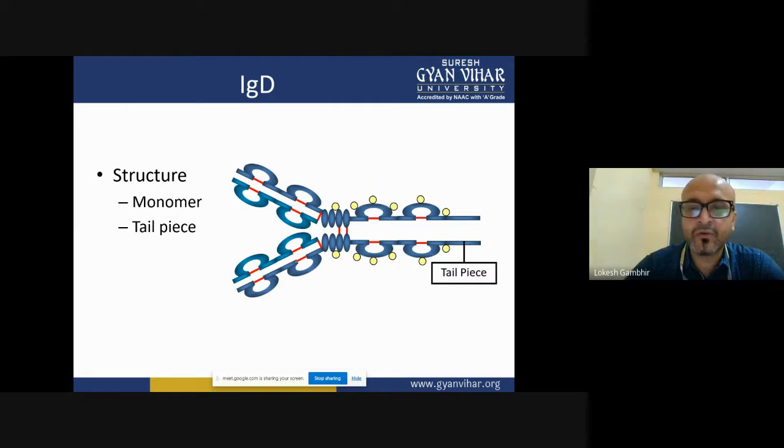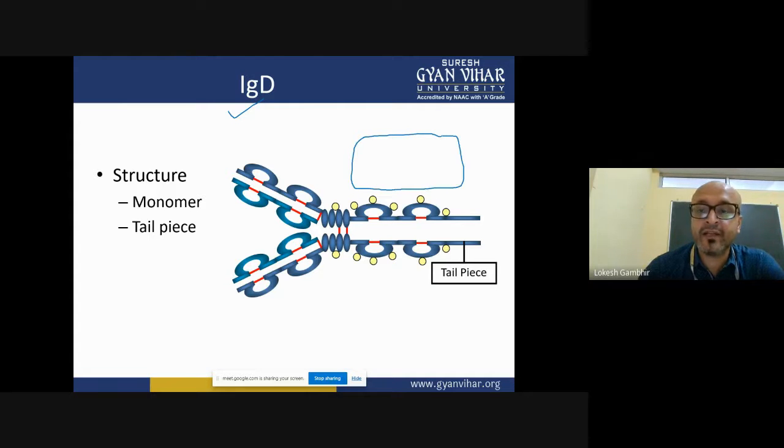Then let's talk about the fourth immunoglobulin, that is IgD. Now, before going to IgD, I should tell you, if you isolate a plasma B cell, you will see two specific antibodies present in large number.